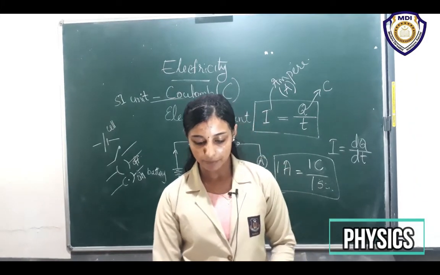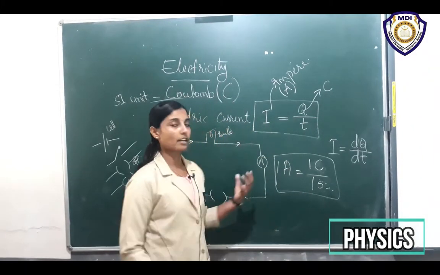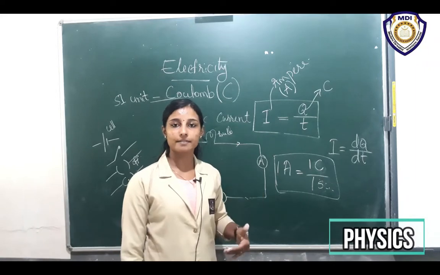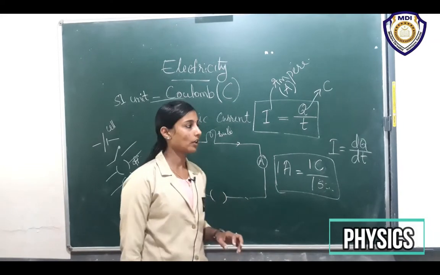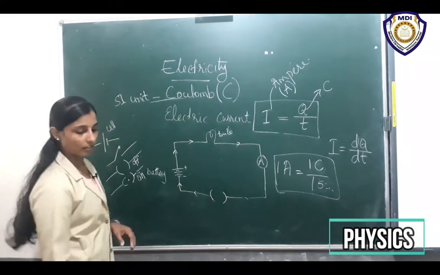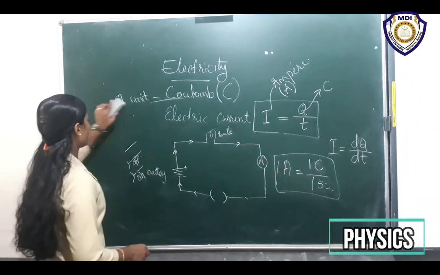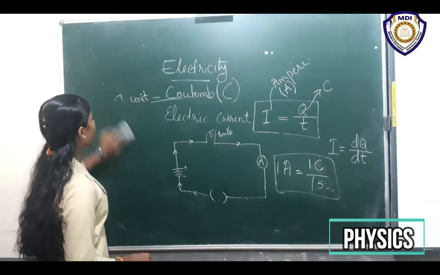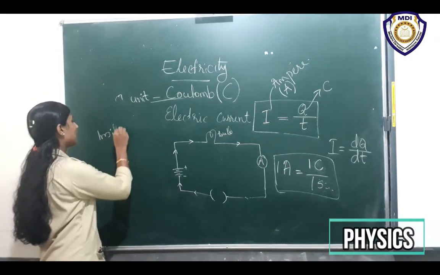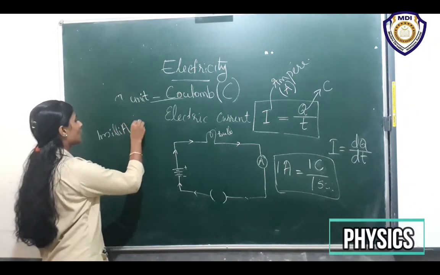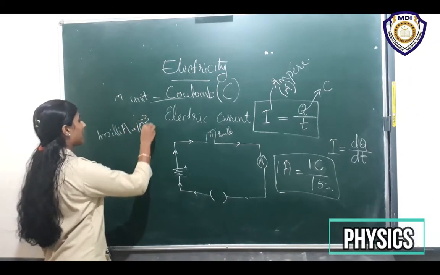And 1 milliliter is equal to how many liters? Yeah, 10 raised to minus 3, right? Like that we have milliamperes, microamperes. So 1 milliampere is equal to 10 raised to minus 3 amperes.